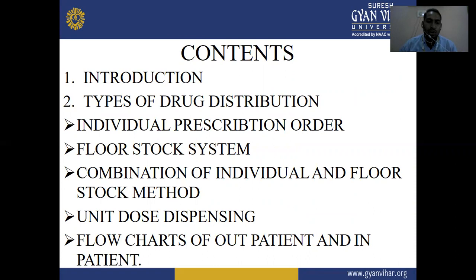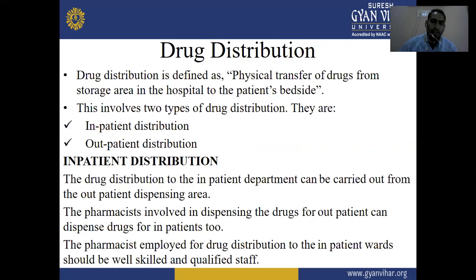Second is types of drug distribution systems: individual prescription order, floor stock systems, combination of individual and floor stock method, unit dose dispensing, and flow chart of outpatient and inpatient. This is the content of this chapter.